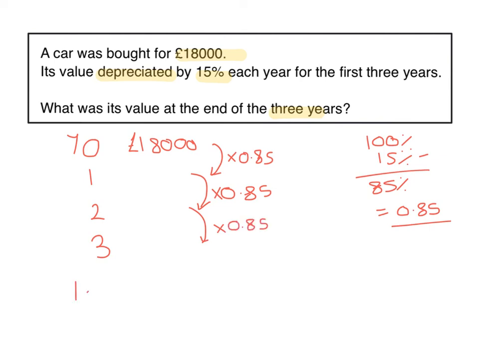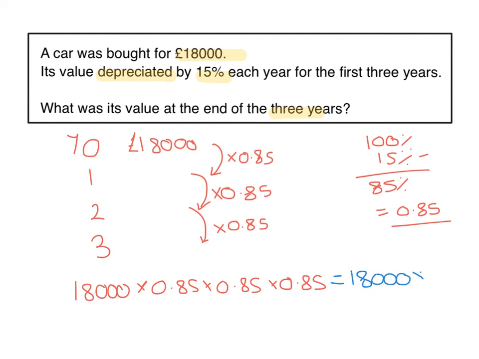So altogether it's going to be 18,000 times 0.85 times 0.85 times 0.85, which can be written far more quickly and typed into your calculator far more quickly as 18,000 times 0.85 to the power of 3.